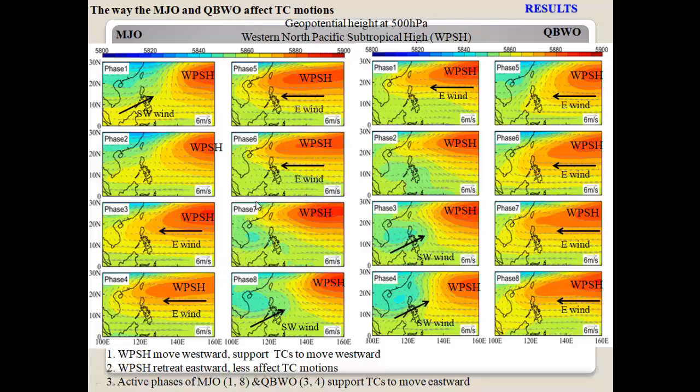So in this case, east wind is predominant rather than southwest wind. This explains why in the weak phase of MJO, TCs tend to move westward. We can gain a similar result for QBWO, so I won't repeat that. So these results explain why in the active phase of MJO and QBWO, TCs tend to be pushed eastward.